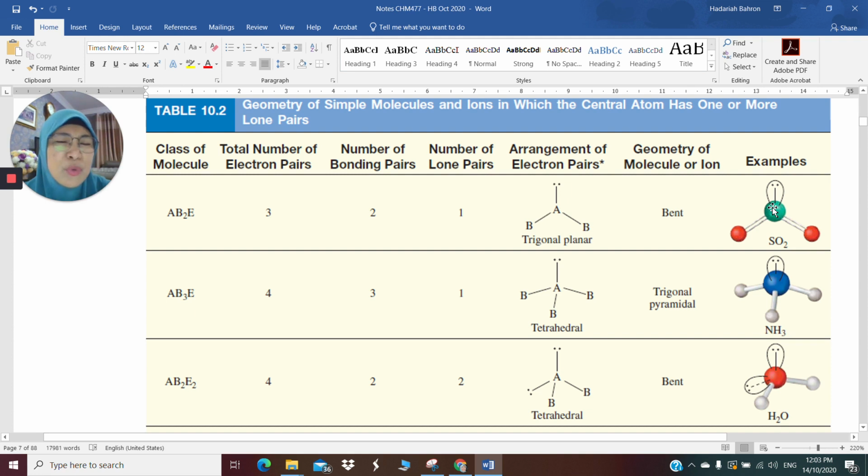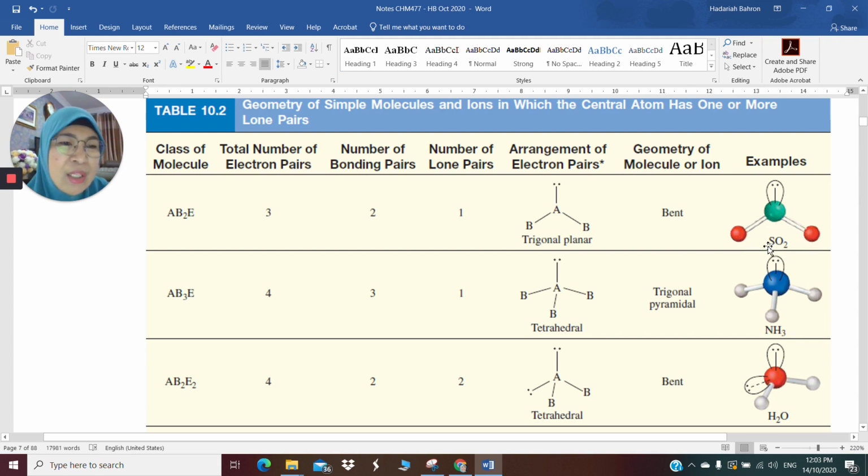So if in an ideal trigonal planar you have 120 degrees bond angle, here what you see is less than 120 degrees because this occupies a bigger space even though it is invisible. Are you following me? So a bent SO2 has a bond angle of less than 120 degrees.